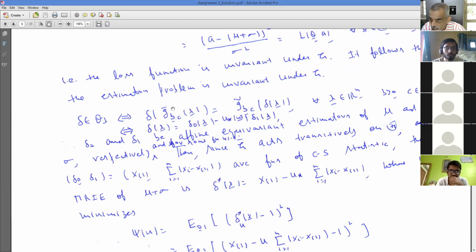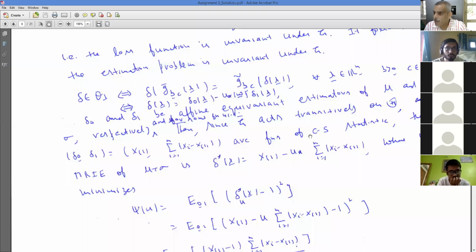That means delta(bx1 + c, bx2 + c, ..., bxn + c) should be the same as b times delta(x1, x2, ..., xn) + c. But that is exactly the form of an estimate of mu, right? So what it says is, let delta naught and delta 1 be affine equivalent estimators of mu and sigma respectively, then any invariant estimator can be written as delta naught(x) minus u star w of delta 1(x). Is that okay? Because that is exactly what you saw in the location case also.